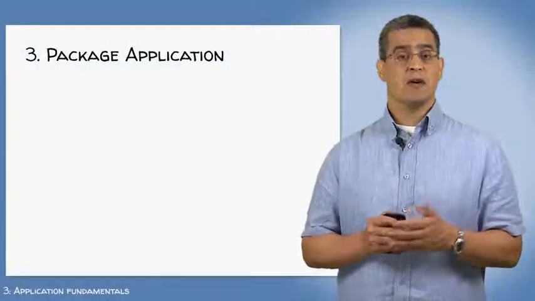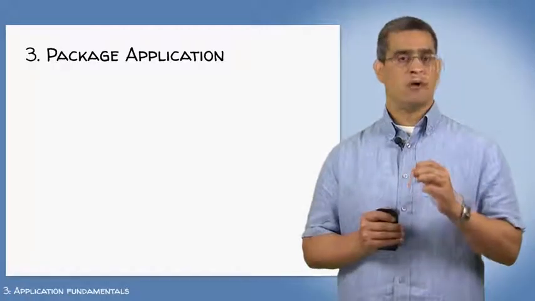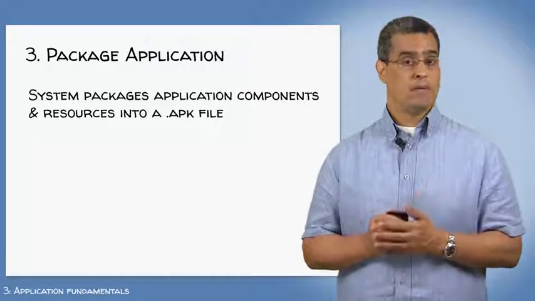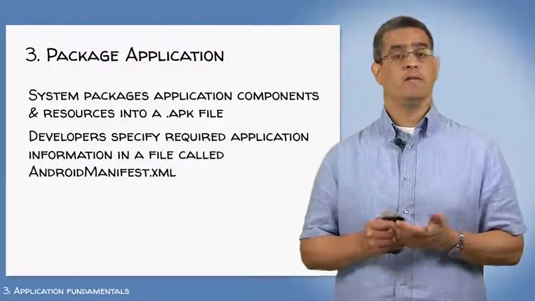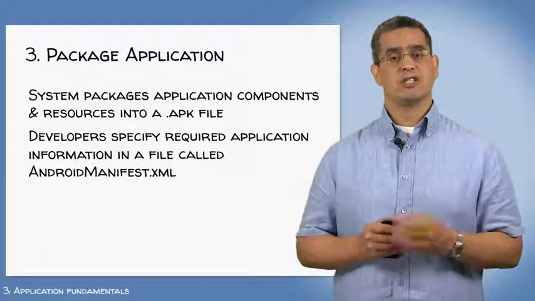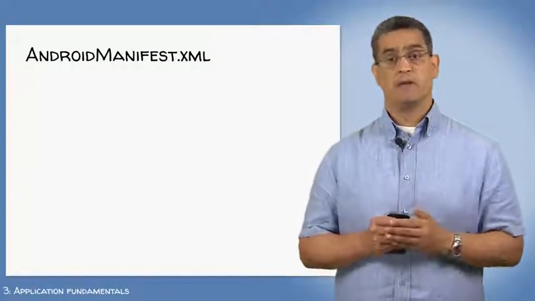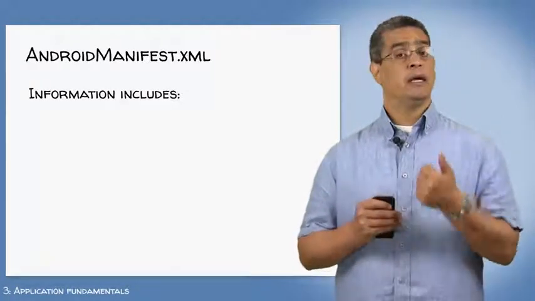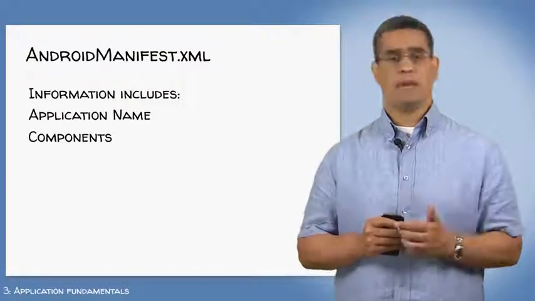The next step in creating Android applications is to provide information that allows Android's build tools to create the application package or APK. And this information is written in an XML file called androidmanifest.xml. The androidmanifest.xml file contains a wide variety of packaging information, including the name of the application and a list of the components that make up that application.